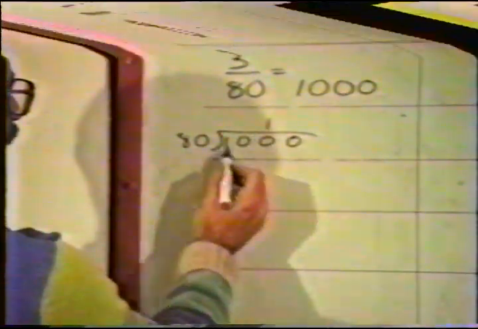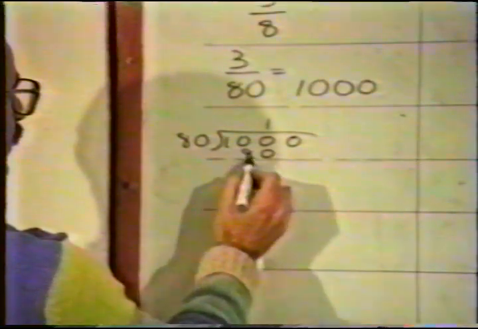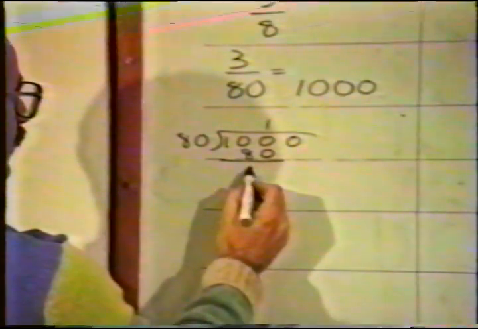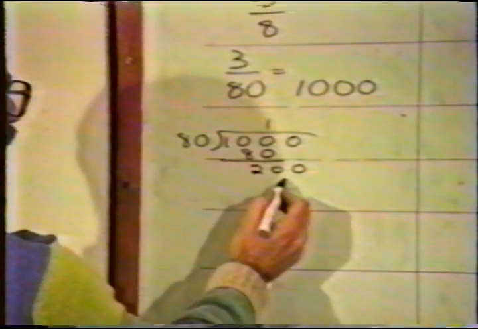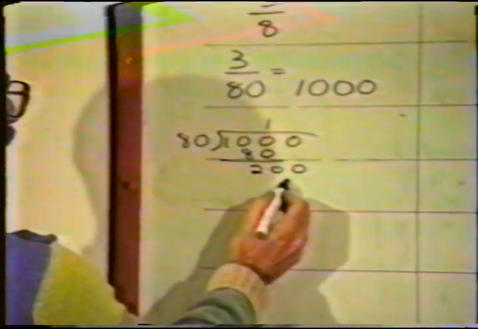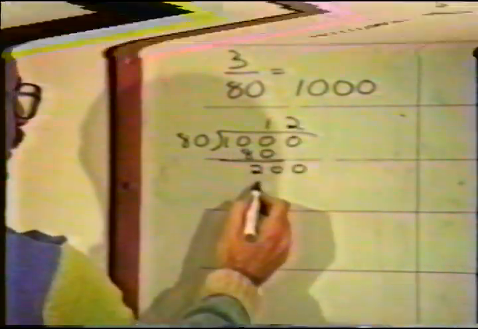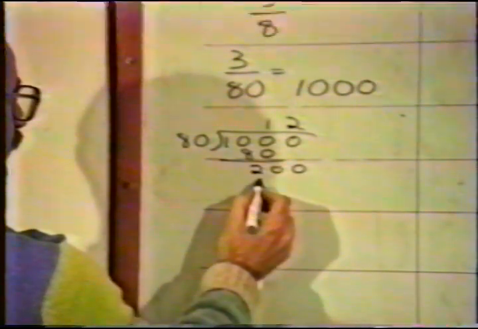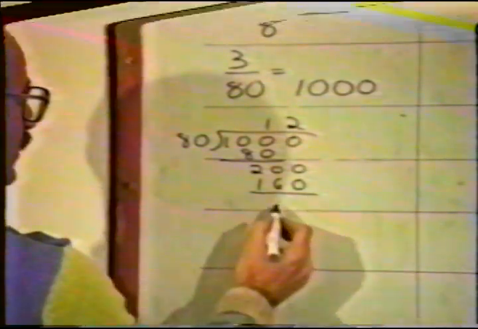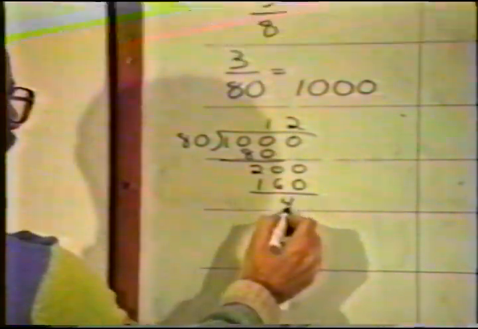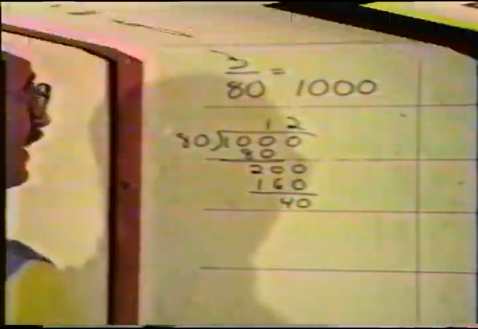80 goes into 100 once. 1 times 80 is 80. Subtract and get 20. Bring down the 0. How many 80s in 200? 2. 2 times 80 is 160. Subtract and get 40. Well, it didn't come out even yet.